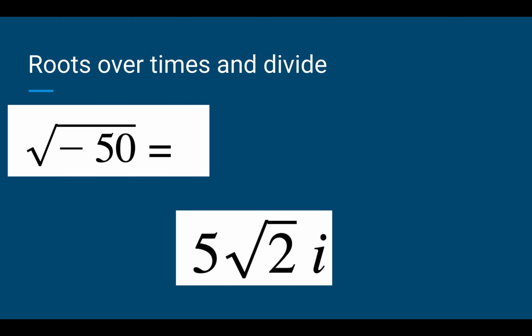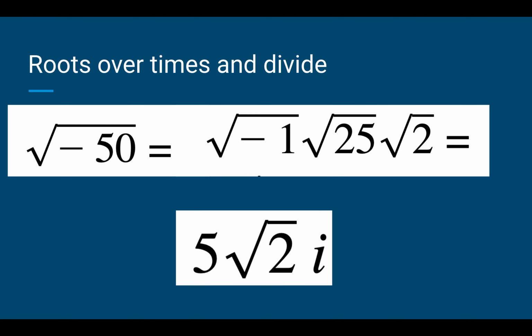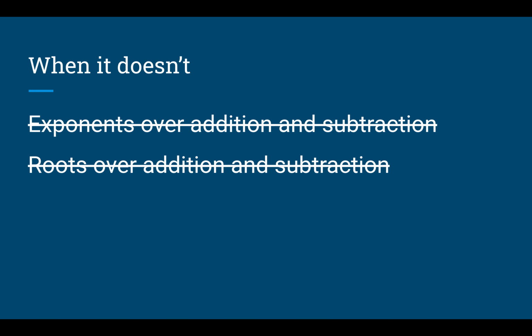Similarly here, I've got the answer up already, but why can you get that? Because you can split that up into -1 times 25 times 2. You can just apply it to each part separately, and the square root of -1 is i, the square root of 2 can't really be written any other way, but the square root of 25 is 5.